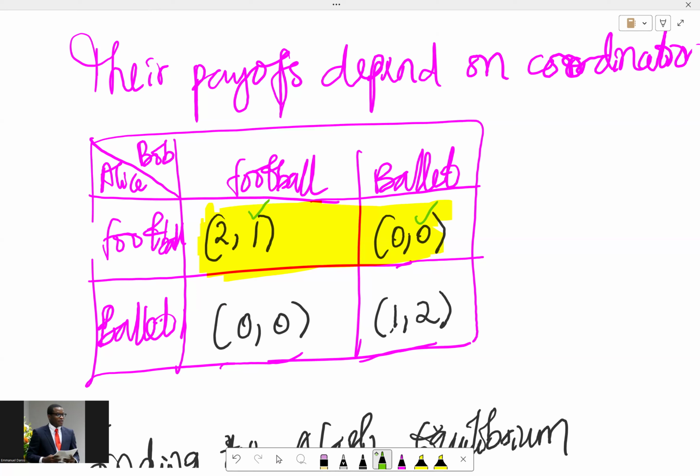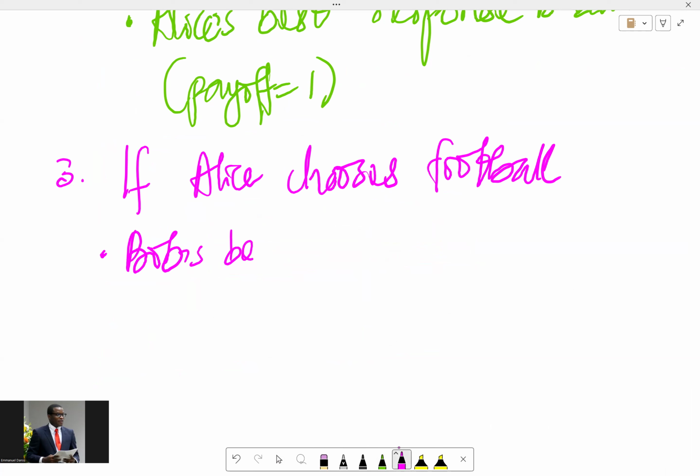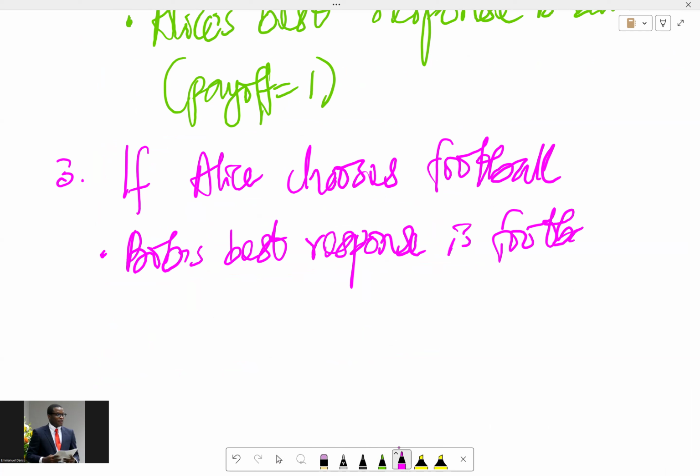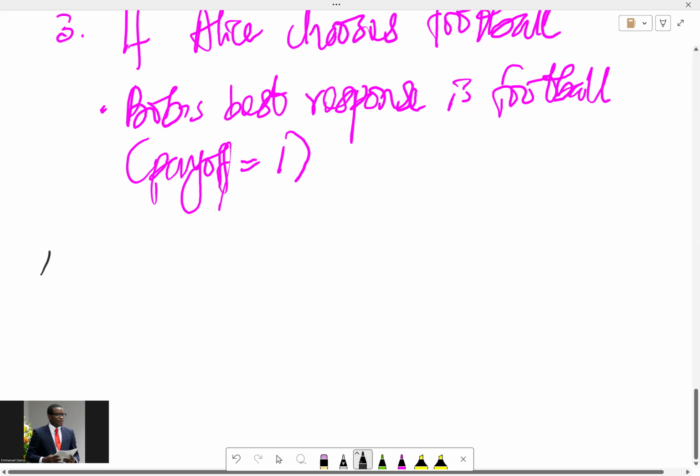So the best bet for Bob will be to choose football and get a point instead of getting no point at all. So if Alice chooses football, Bob's best response is football, which ends at 1 point compared to zero. So the payoff is one.